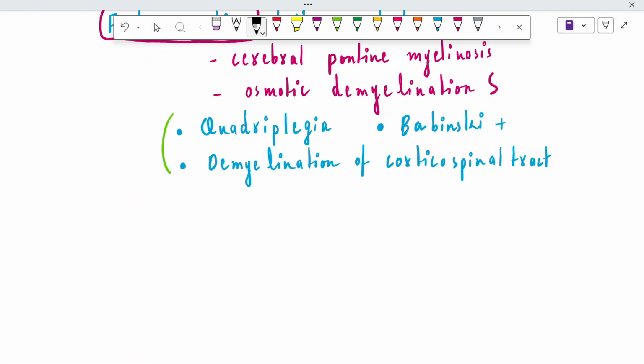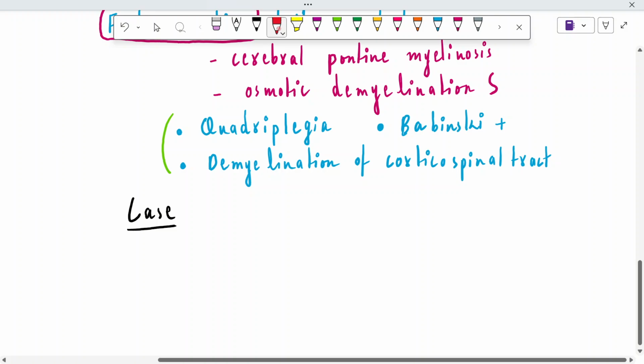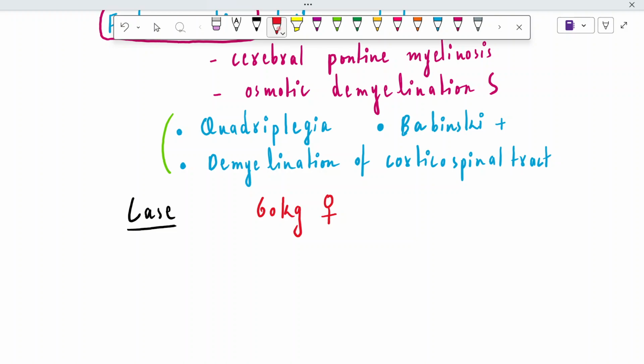Let's discuss a case here. The case is that there is a 60 kg athlete, a female. She has hyponatremia.